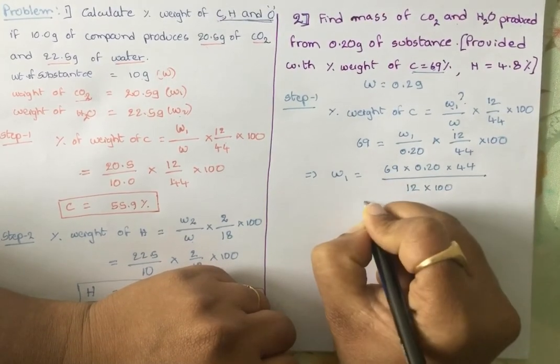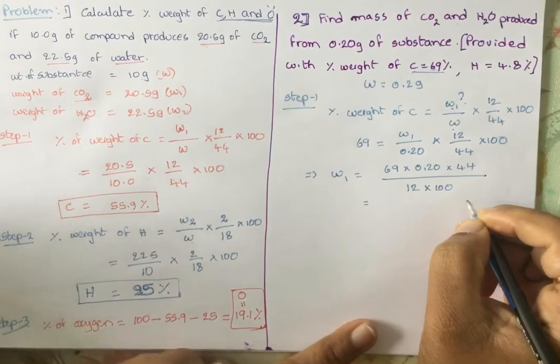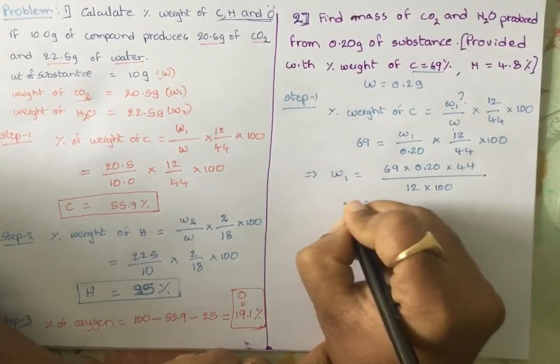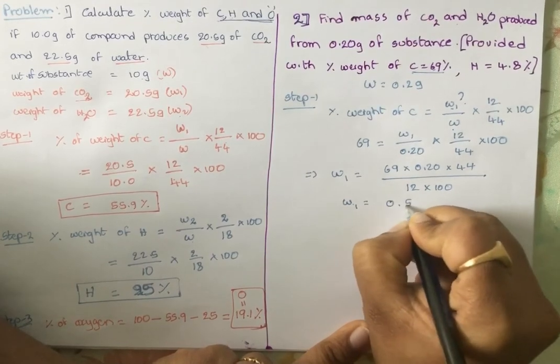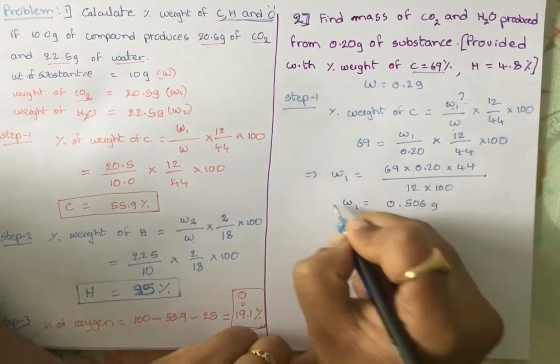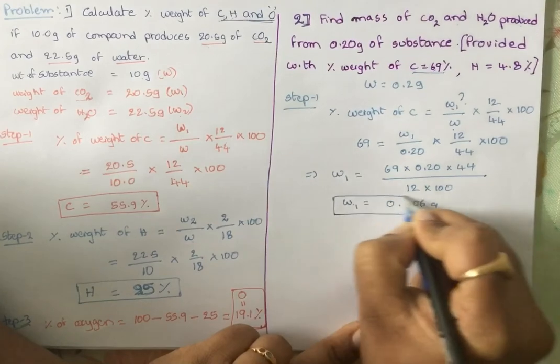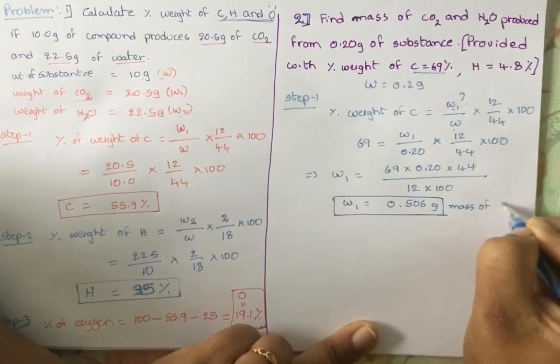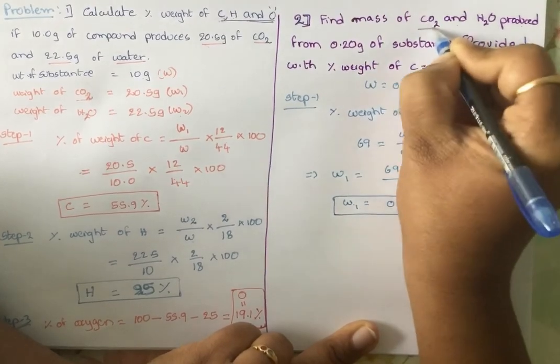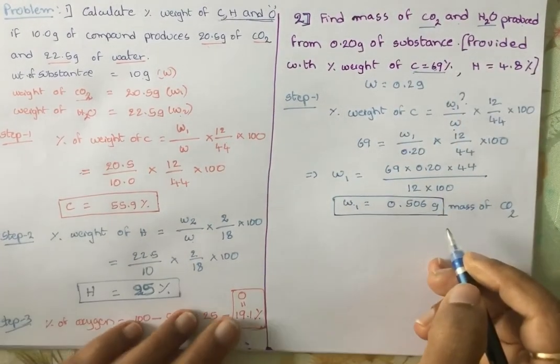If you solve this equation, you will get the answer. That answer will be, simplify the answer, W1 is equal to 0.506 grams. This is the mass of, what is this? Mass of carbon dioxide. What else do you want to find? You want to find H2O also, mass of H2O.